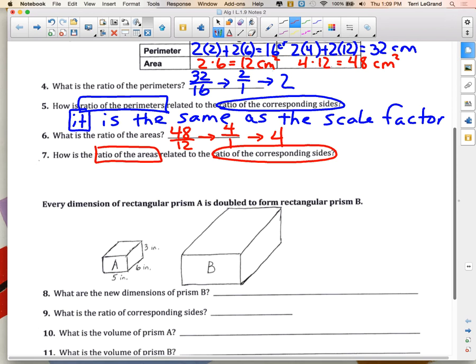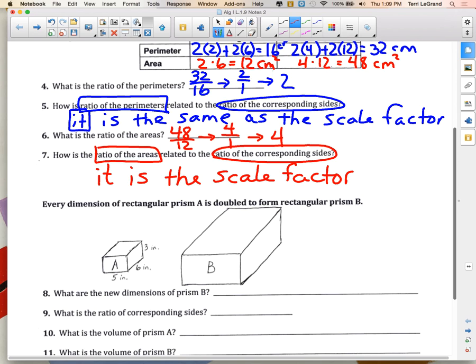So how does 4 compare to 2? Double. It doubled. Or in other words, the scale factor was 2, and if you double 2, it's really like taking 2 times itself. Isn't 2 times 2 4? Okay, so we could say the ratio of the areas, instead of saying it is the scale factor this time, because that's what we're going to call the ratio of corresponding sides, we're going to say it is the scale factor squared.